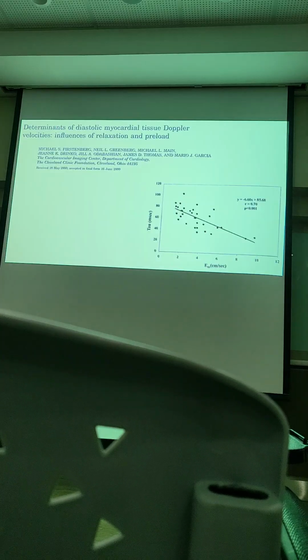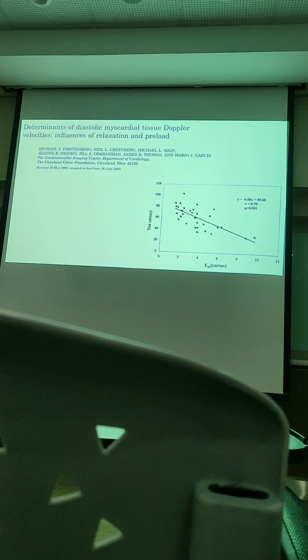Fast forward 20 years later, Fritzenberg and his colleague did a study which noted that the tau is the myocardium relaxation index. So the higher the tau, the worse the relaxation. They noticed that the tau is inversely proportionate to the E prime from the echo TDI.